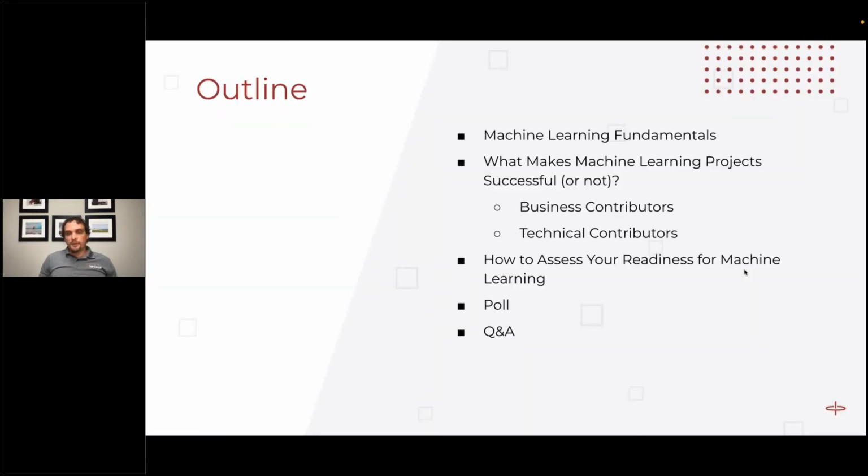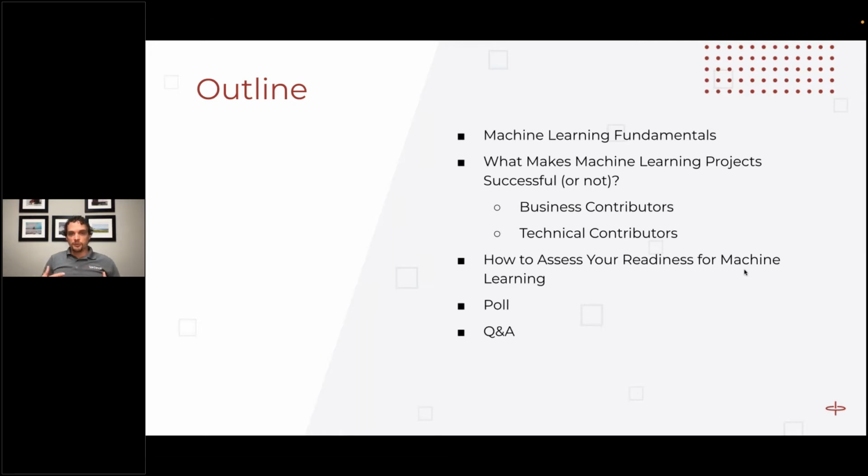Our outline for today is going to be pretty straightforward. We're going to talk about machine learning fundamentals, just make sure we're all speaking the same language, all on the same page for what machine learning is and what terms we use to talk about it. Then we're going to dive into the meat of this presentation, which is really talking about what makes machine learning projects successful or sometimes not. And that'll really be broken out into two parts. There's business contributors and there's technical contributors.